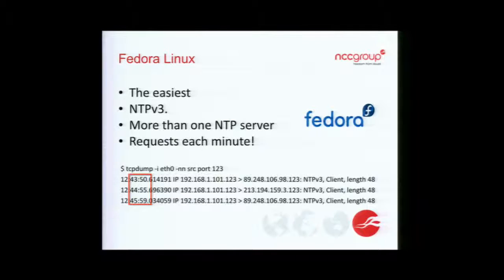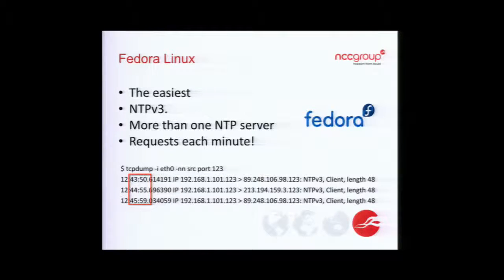In Fedora, you have an NTP request each minute. The only problem with that is that they do something slightly different. I mean, with NTP, the client can just change the clock with a new date, or make the time slower or faster because they don't want to make jumps.